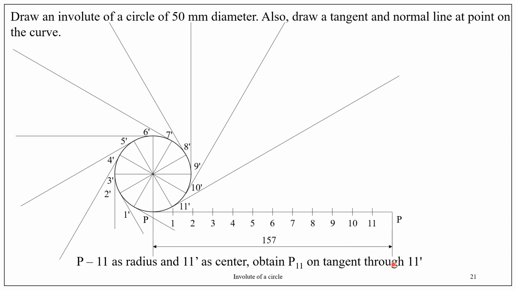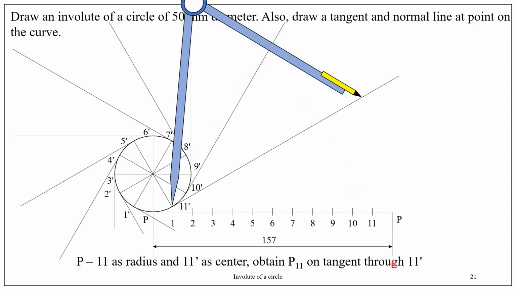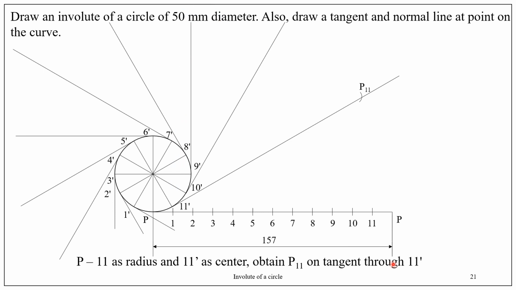Therefore, we start from 11, measure P11, the distance P11 as shown in figure, take 11 as a center, cut an arc on the horizontal or the tangential line through 11 dash and obtain point P11.